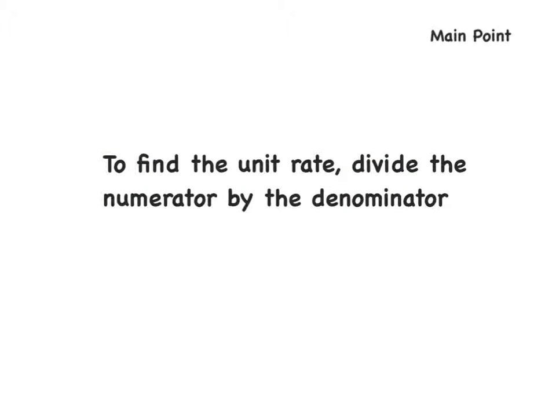You may have noticed in the previous example, basically all we did was to find the unit rate. All you had to do is divide the numerator by the denominator. Divide the numerator by the denominator. This is a main point, so please write this down.